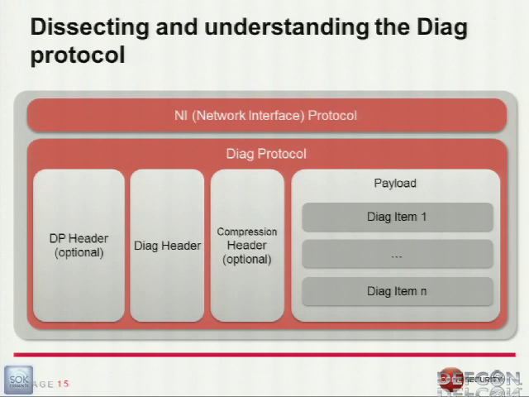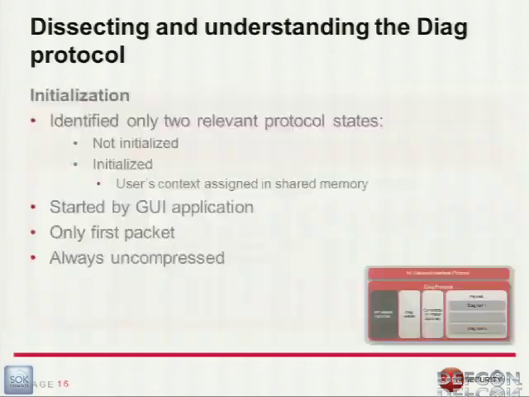Then you have the dialog header, which carries information about the communication. The compression header, which is also optional and only present when the payload is compressed. And the payload itself, that is the part that carries all the relevant information, all the screen data, etc. And it's composed of a variable number of different items. So let's start with each one.